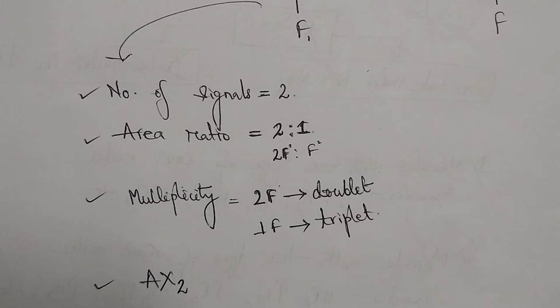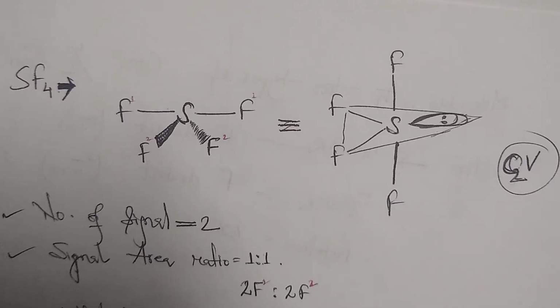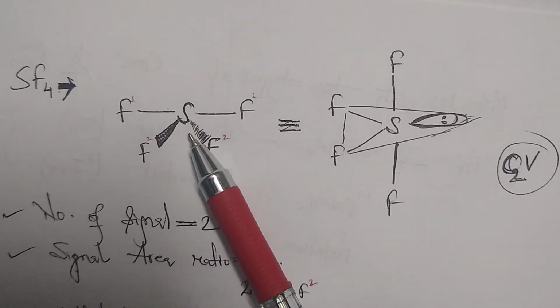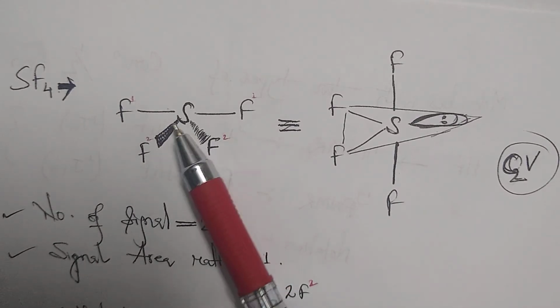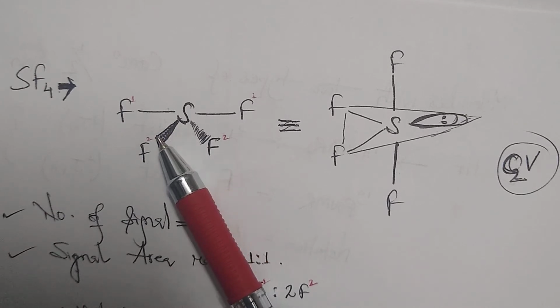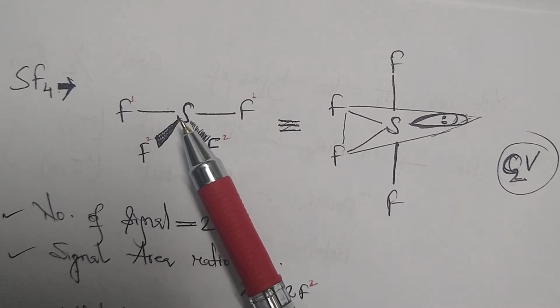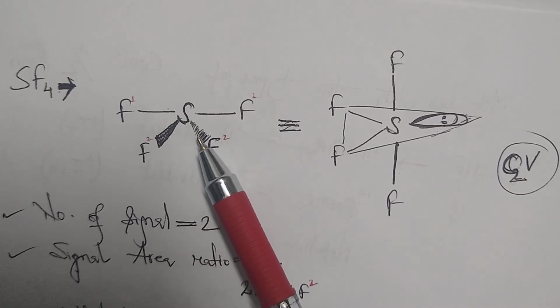Similarly, we will consider another example, SF4. Here the shape of the SF4 molecule is seesaw type, where the fluorine numbered 2, shown by the wedged bond, lies above the plane, towards our side. Similarly this fluorine lies below the plane, shown by a dashed bond.